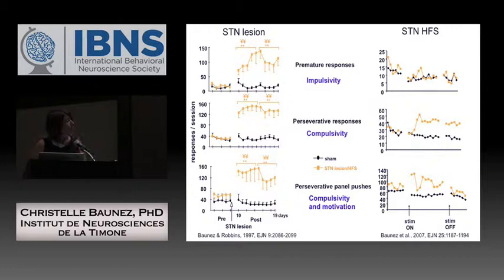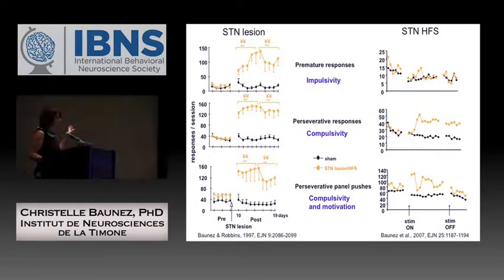But more specifically for what we wanted to talk about today, the control of impulse control disorders, I focused on the premature responses, that is the index of impulsivity, and you see that STN lesions increase dramatically the level of premature responses. So these rats can't wait, and they go and poke in holes, they don't wait for the light.